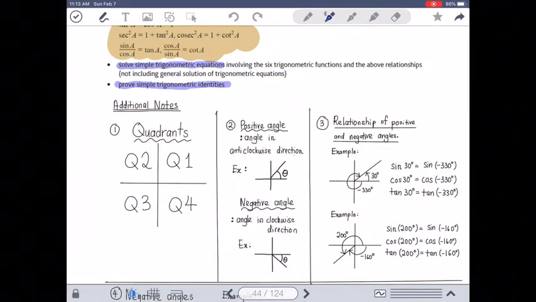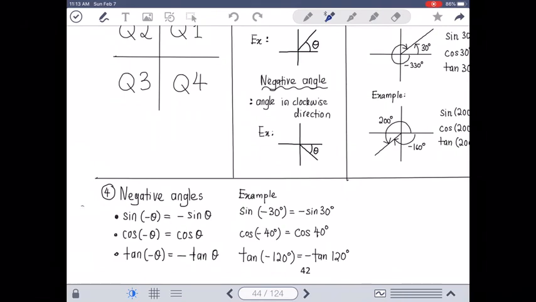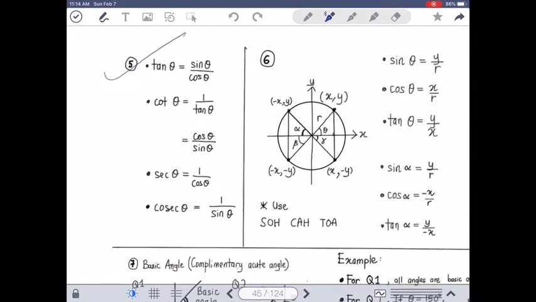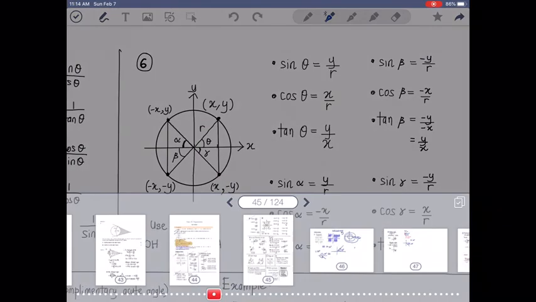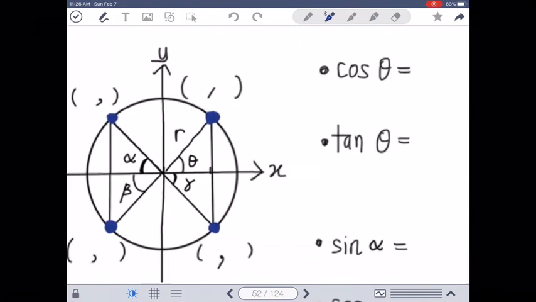Okay, basically we have done from the notes number 1, number 2, number 3, number 4, and number 5. Now we are going to have a look at number 6. Suppose that I have this circle with radius r, and we have points here, 1, 2, 3, 4.